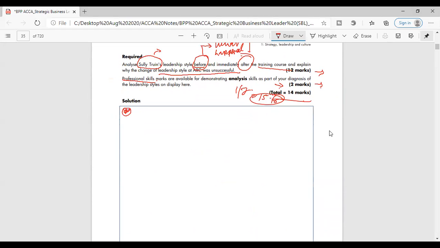Sir, I have a question. Sir, are all autocratic leaders transactional leaders, or can they also be transformational or charismatic? See, all autocratic leaders are not transactional.